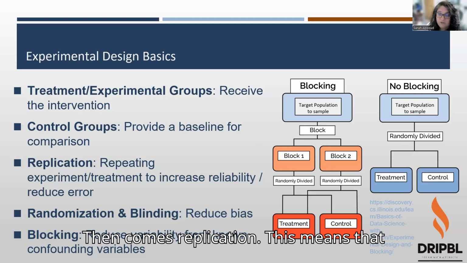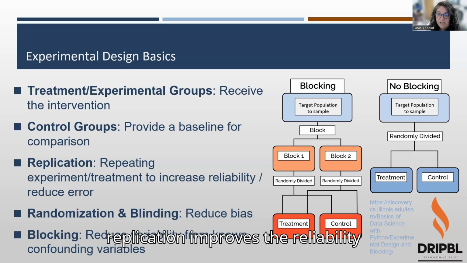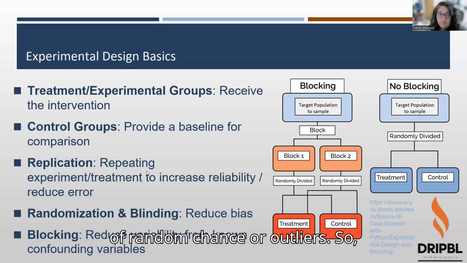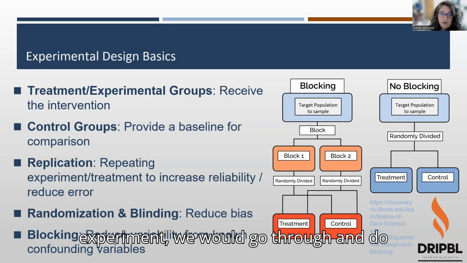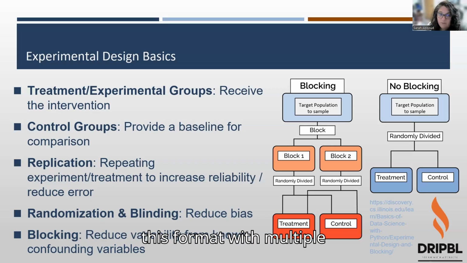Then comes replication. This means repeating the experiment or treatment across multiple subjects or trials. So replication improves the reliability of our results by minimizing the effects of random chance or outliers. So for example, if this is our experiment, we would go through and do this experiment multiple times following this format with multiple samples.